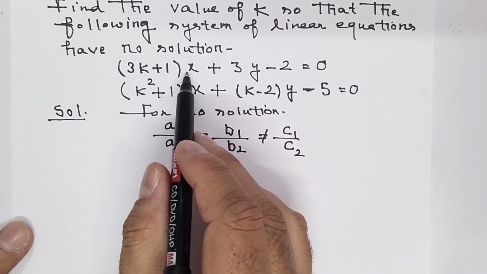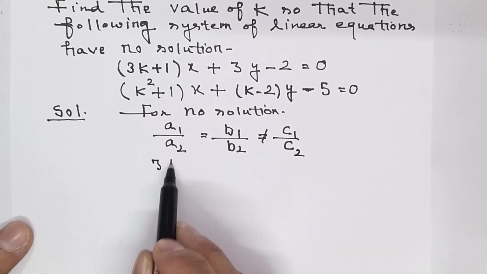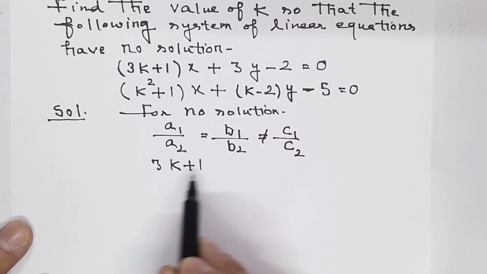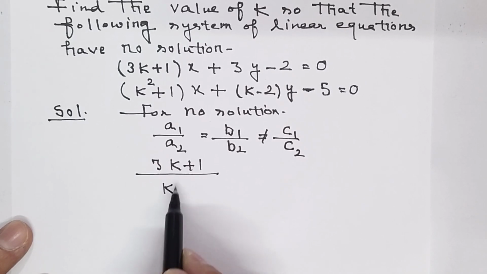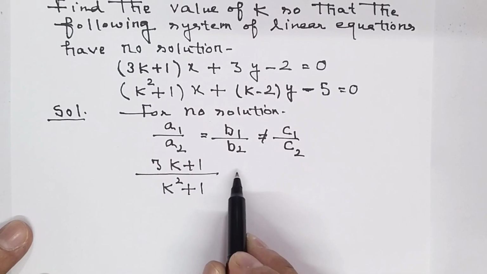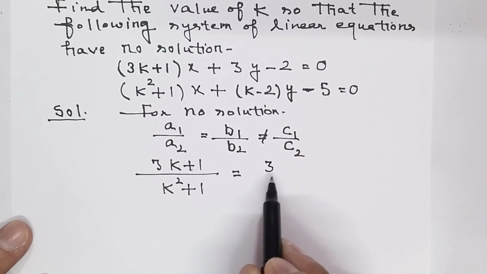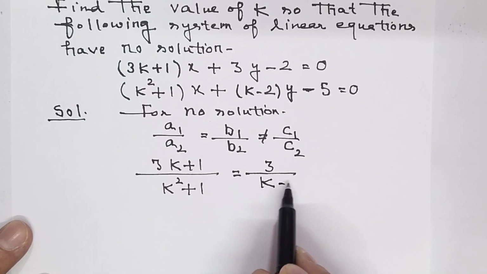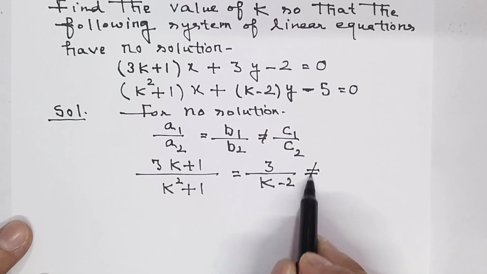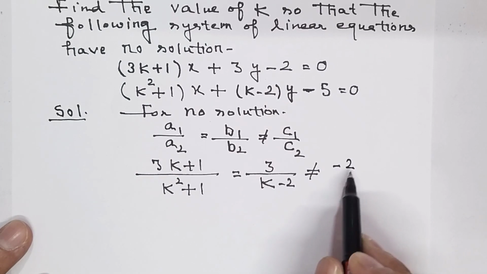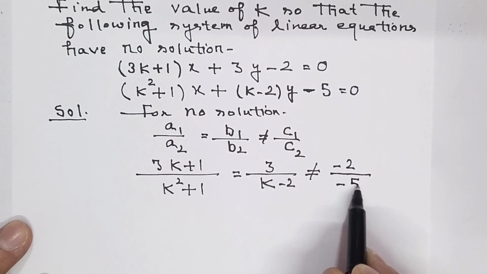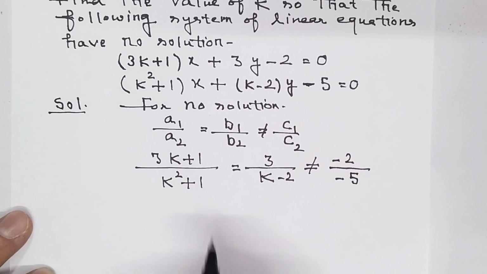So a1 upon a2, the coefficient of x, is 3k plus 1 upon k square plus 1, which is equal to b1 upon b2, 3 upon k minus 2, and not equal to c1 upon c2, that is the constant term, minus 2 upon minus 5.